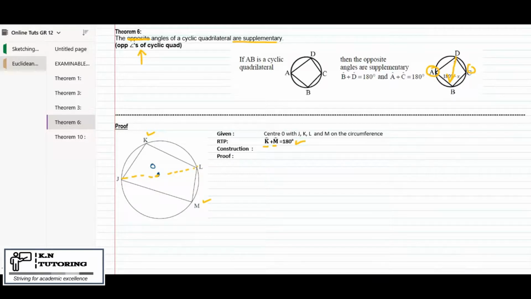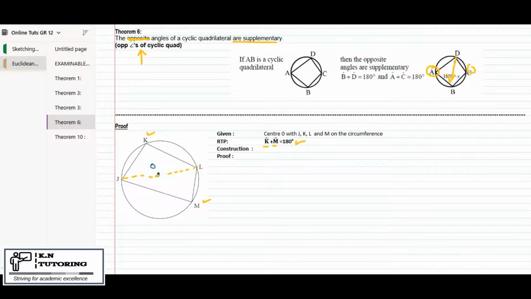If they want us to prove that K plus M is equal to 180, we construct J to O and O to L. If they wanted us to prove that J plus L equals 180, we construct K to O and O to M. I hope it makes sense.